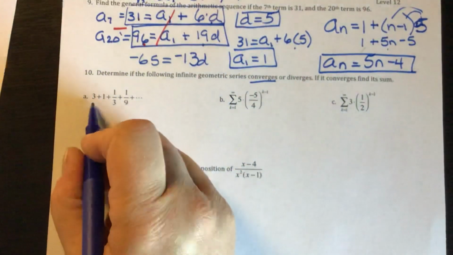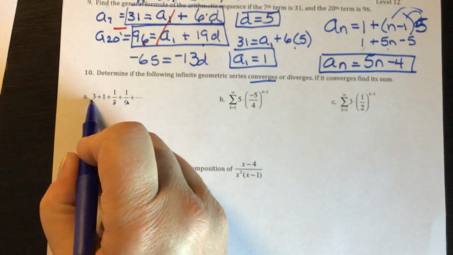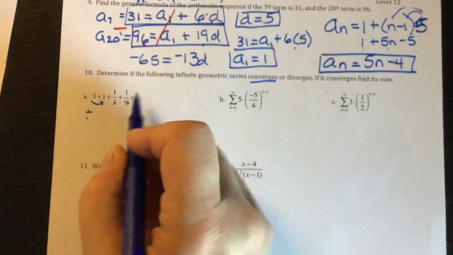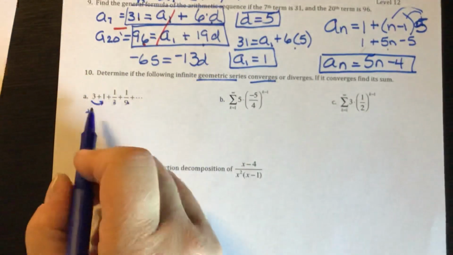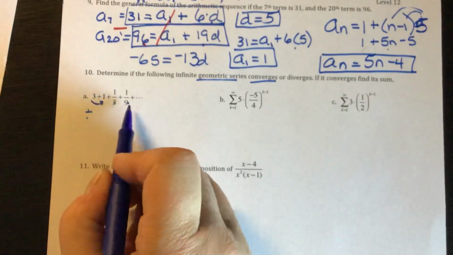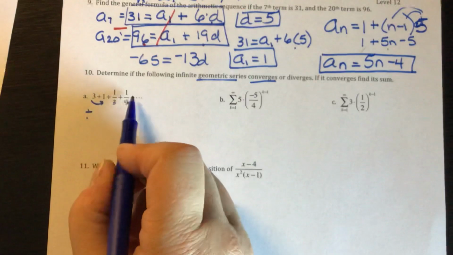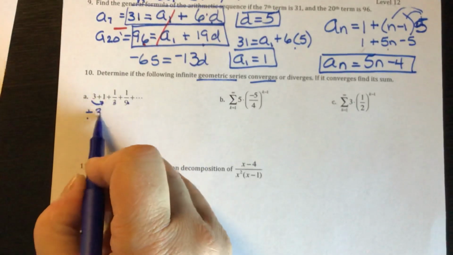So if I look at this sequence right here, it says that these are geometric series. So to get from one term to the next, I'm going to do the same thing. To get from 3 to 1, I'm going to divide by 3.